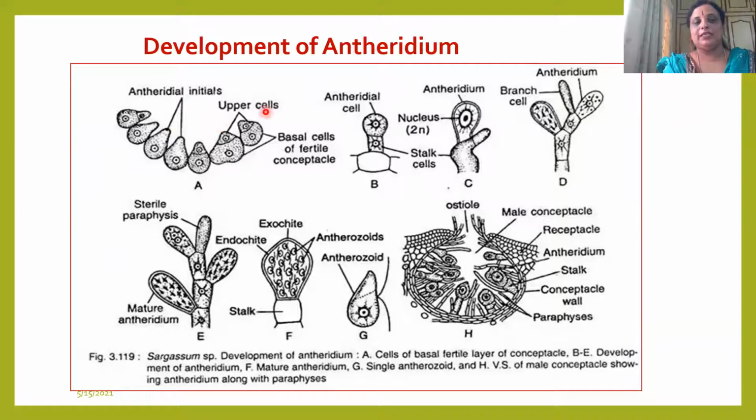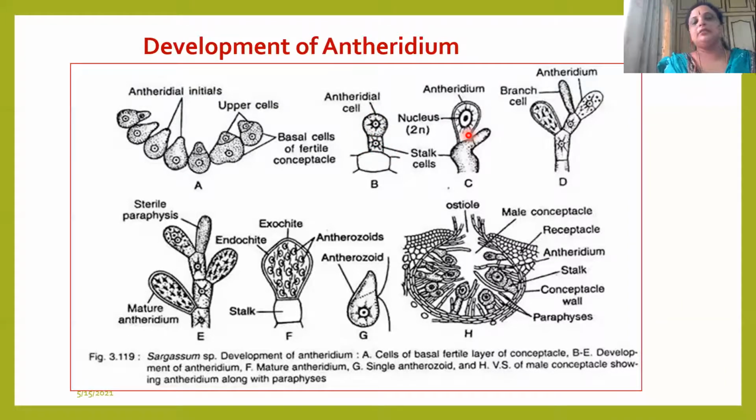Those antheridial initials have a distinct nucleus and dense cytoplasm. These cells undergo transverse division, where the upper cell develops into the antheridial cell and the lower cell develops into the stalk cell.